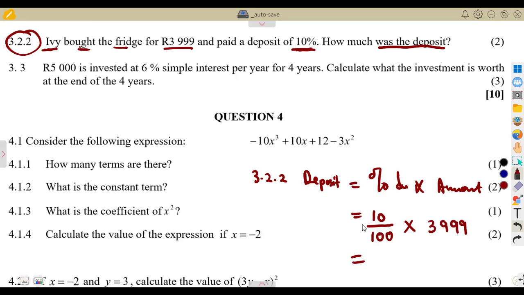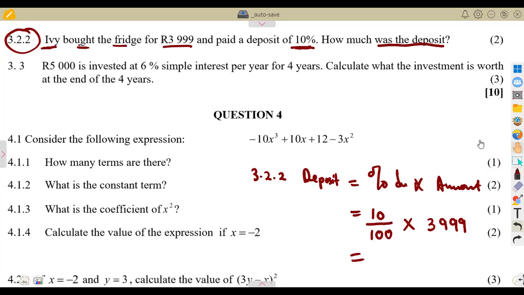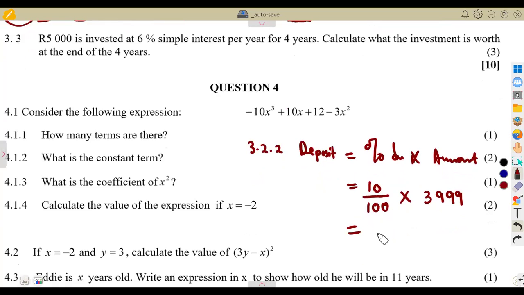This is going to give us the deposit, the amount deposited. If you use your calculator properly, you are going to get 399.9. But this is money, so for money you put 2 decimal places. You just put a 0 there to make sure that you are indicating 2 decimal places as per instruction.